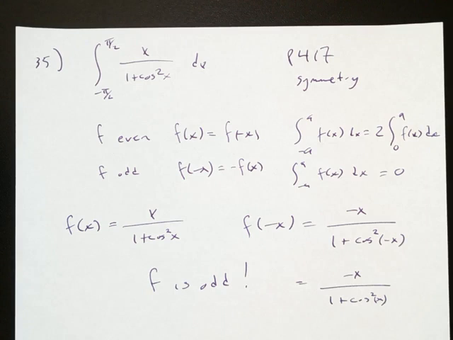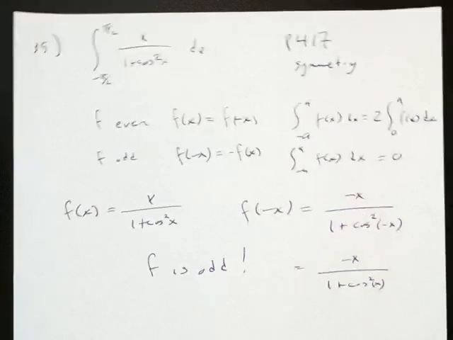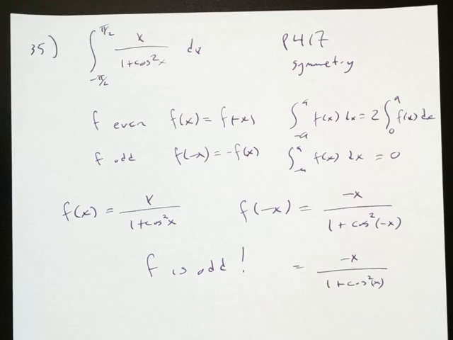I could probably do something with one of the trig identities, but it's 1 plus cosine squared, so it's still not going to be a nice trig identity. There are some other methods that we haven't gone through yet, and many of them involve techniques I don't want us to do in this course at all.